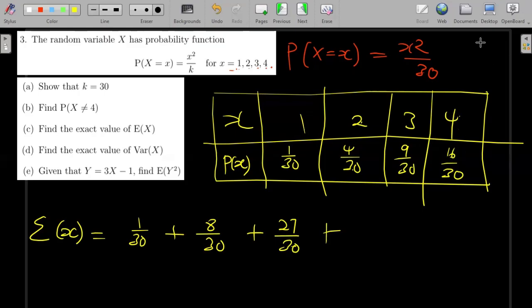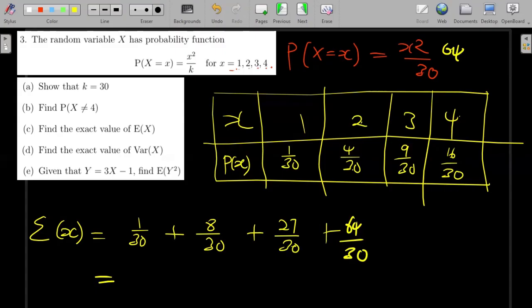So 4 multiplied by 16 is what? That's like 32 plus 32, right? Yeah, so that one would be 64. So that would be 64 over 30. So we just add all these now. What are we going to get?